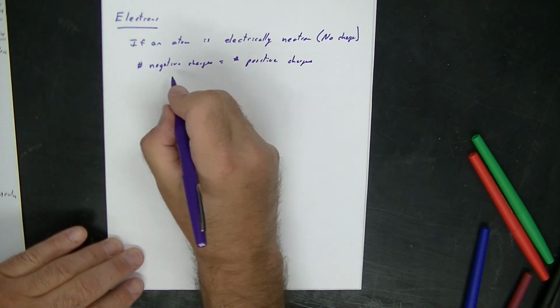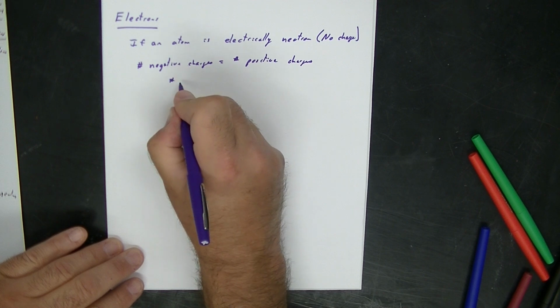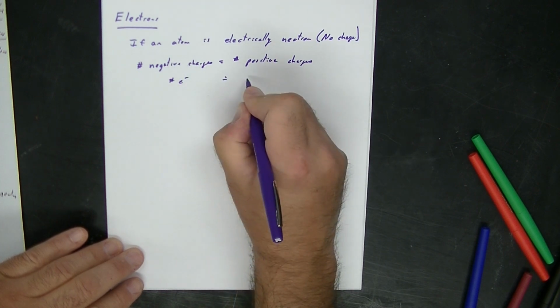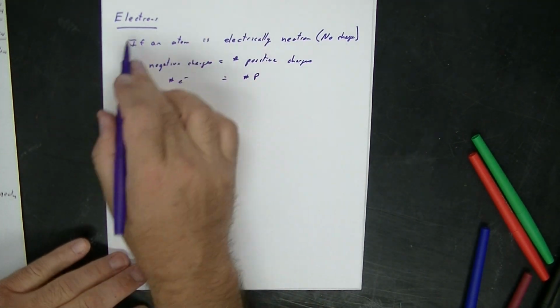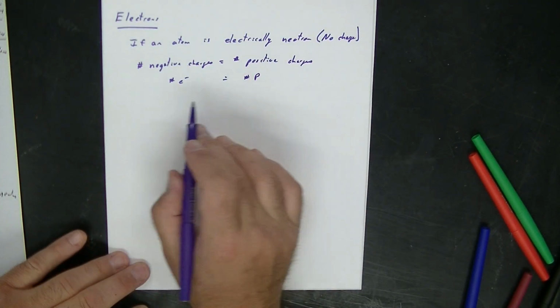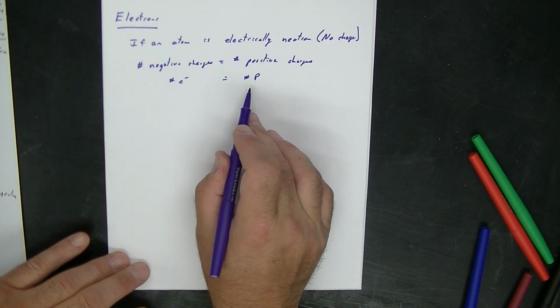So that tells us that the number of electrons has to equal the number of protons. So if I have an electrically neutral atom, the number of electrons equals the number of protons.